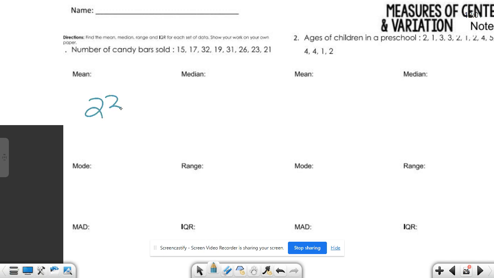Okay? Well, now that I have the mean, I'm going to start subtracting. But before I subtract, what I want us to do is list these numbers out underneath the math. That's what you do first. You list the numbers.